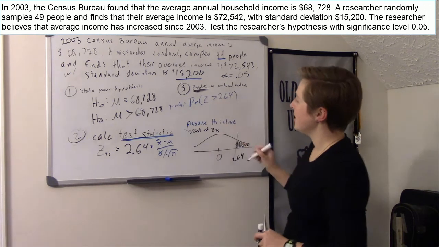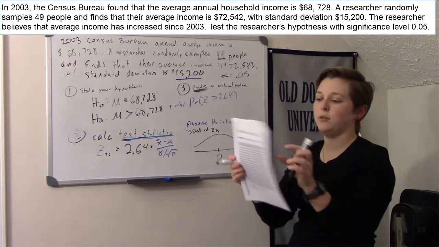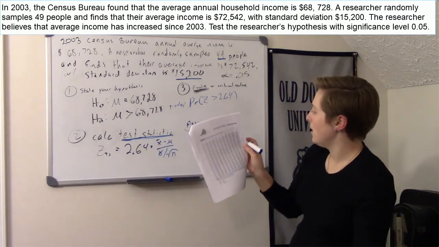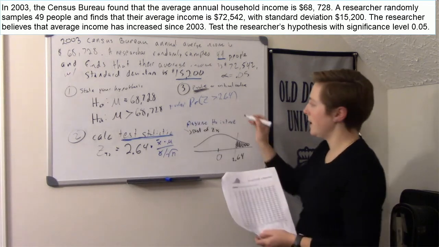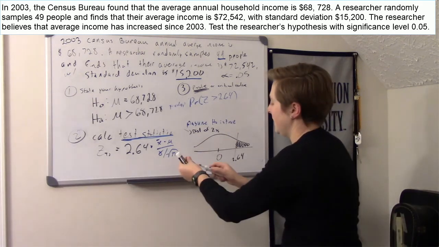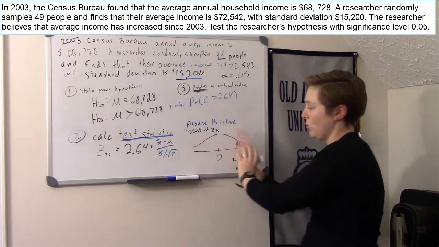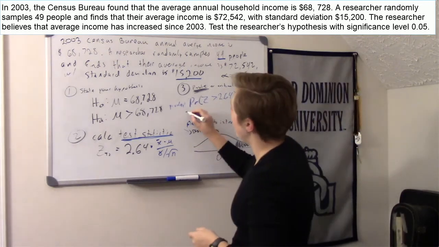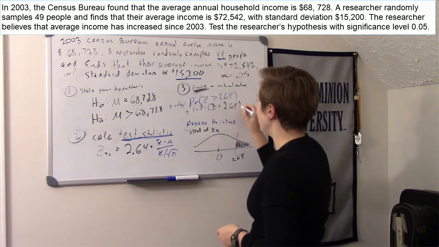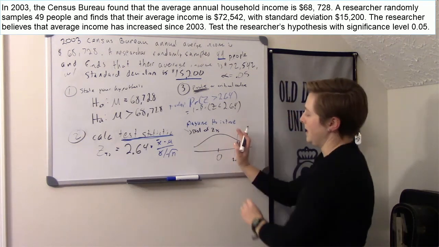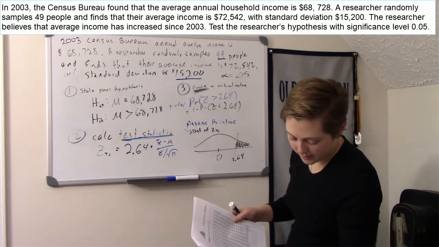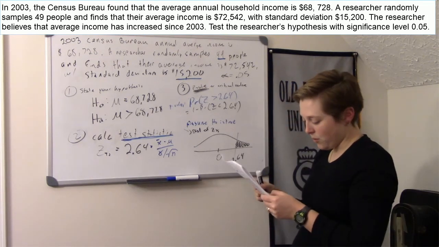Now, remember this table only gives the area behind a certain z-value. So in order to find that forward probability, I'm going to have to do 1 minus, since the total area is 1. So it's 1 minus the probability that Z is less than 2.64, basically 1 minus that back area. So look at my table for 2.64.